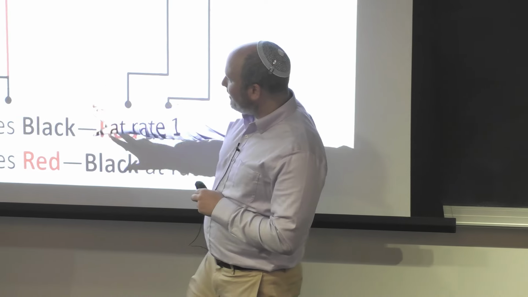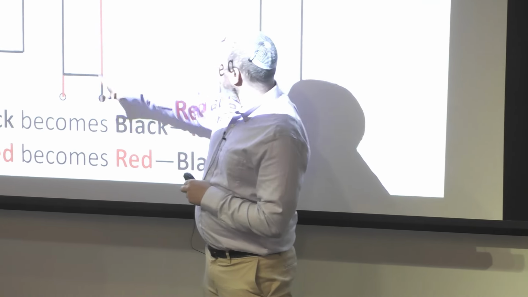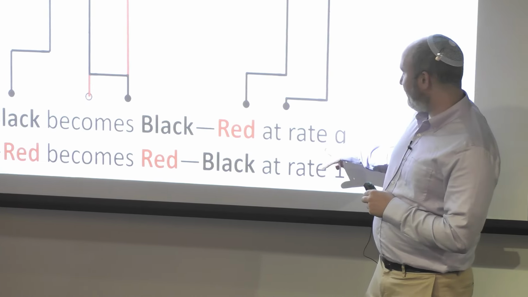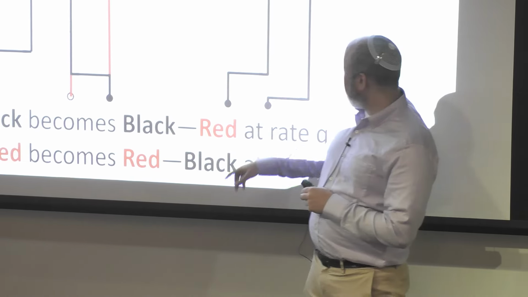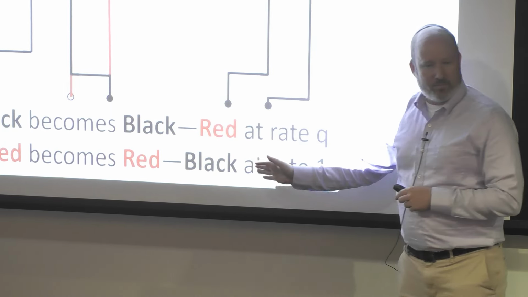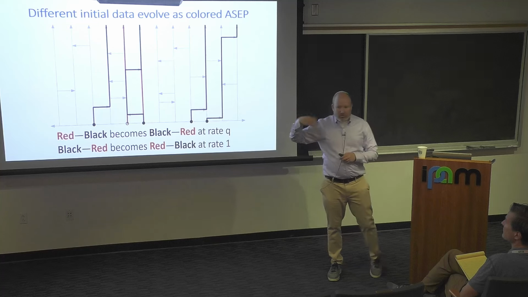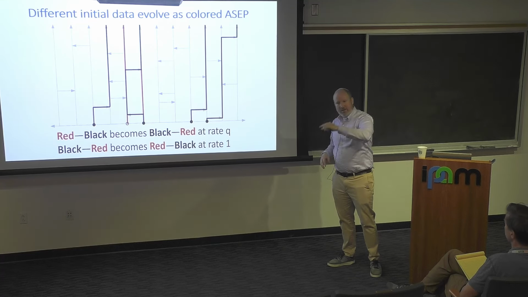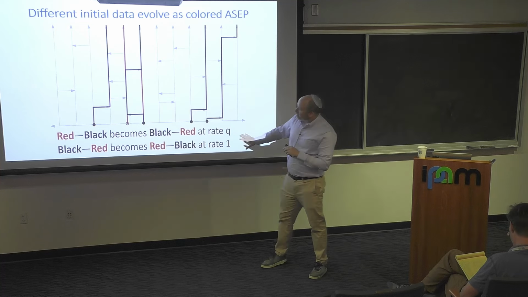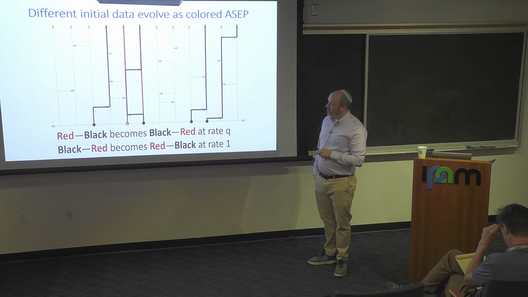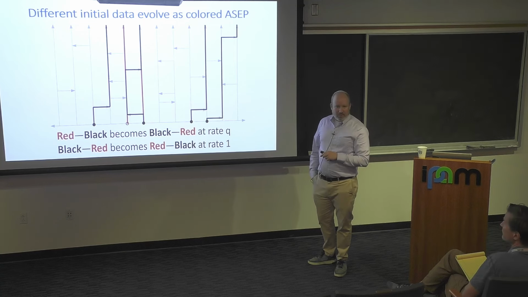And the rule will be that anytime you have a red followed by a black, they'll swap to black-red at rate q. And anytime you have a black followed by a red, they'll swap to the other at rate 1. So this basic coupling induces, when you look at coupled initial data that are on top of each other, a colored version of the particle process for ASEP. And this is what we call colored ASEP.